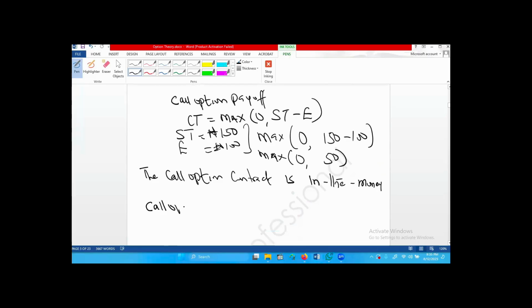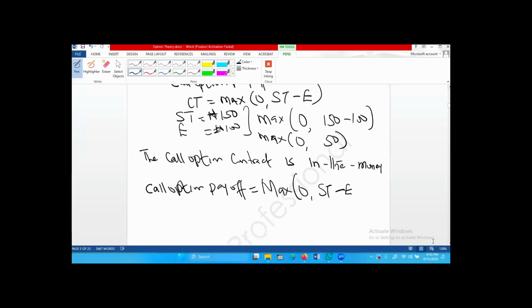Call option payoff is equal to maximum of 0, ST minus E. At maturity, First Bank shares are worth 75 naira. You have obtained a right to buy at 100 naira. That is the exercise price. You now put it into that equation.